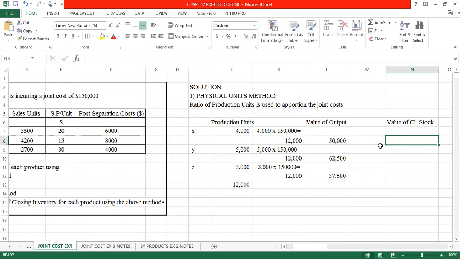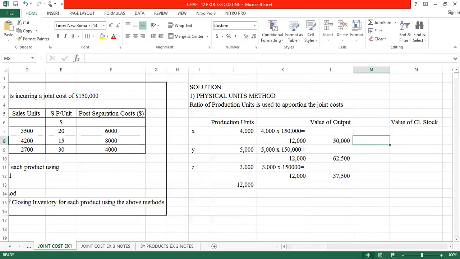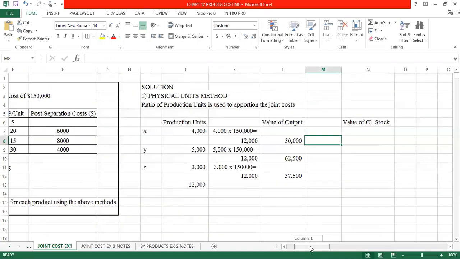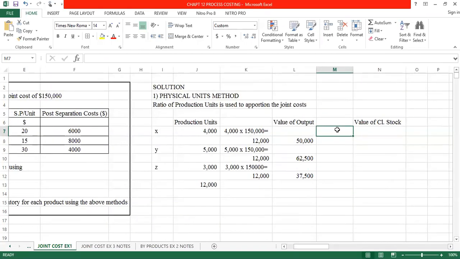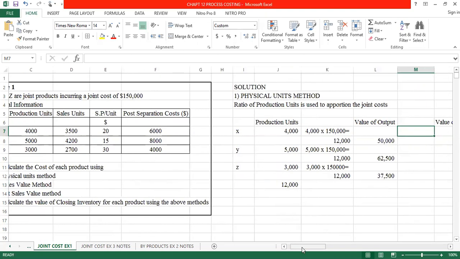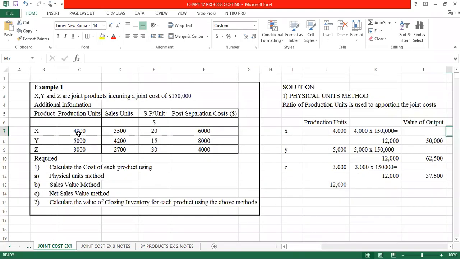Now, what is the value of closing stock? Remember, closing stock is production minus what was sold. So look at this production. What did we produce? We produced 4,000, we sold 3,500.